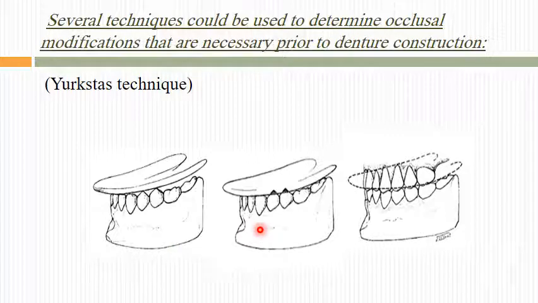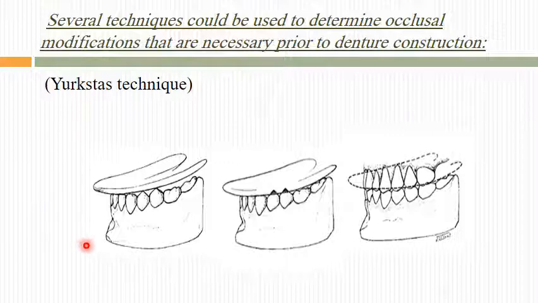Before correcting this occlusal discrepancy, several techniques could be used to determine the occlusal modification necessary prior to denture construction. The first is Yarkastas technique.